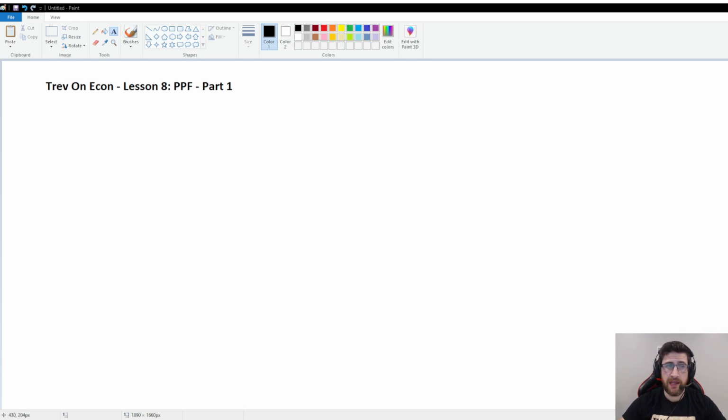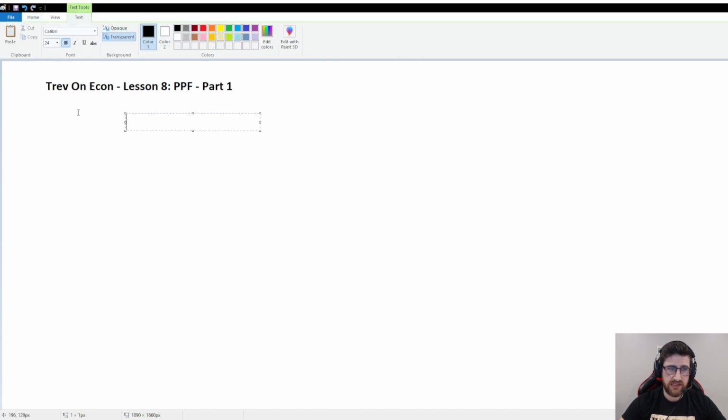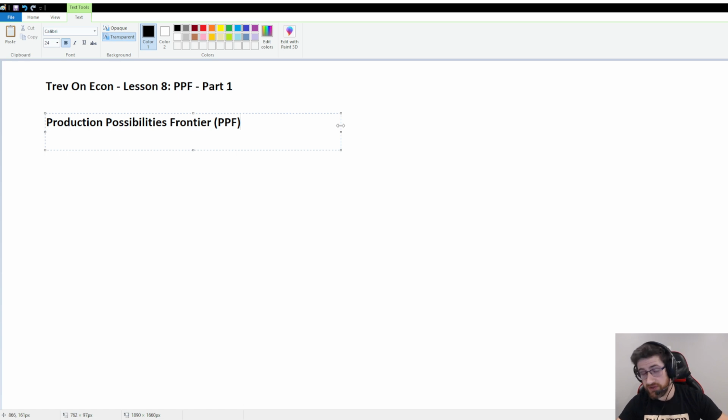All right. So the PPF is another model that we're going to be working with. And the PPF stands for Production Possibilities Frontier, right? You might see it sometimes called the PPC for Production Possibility Curve, but PPF seems to be the one that is most often used.